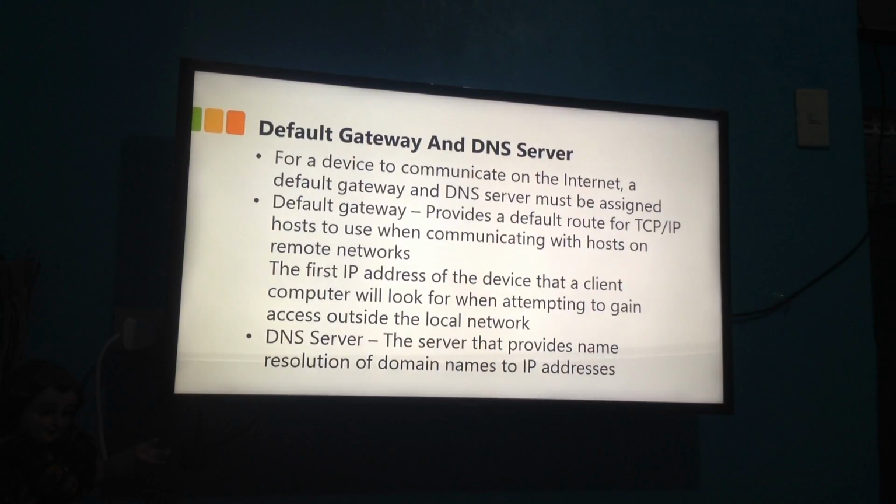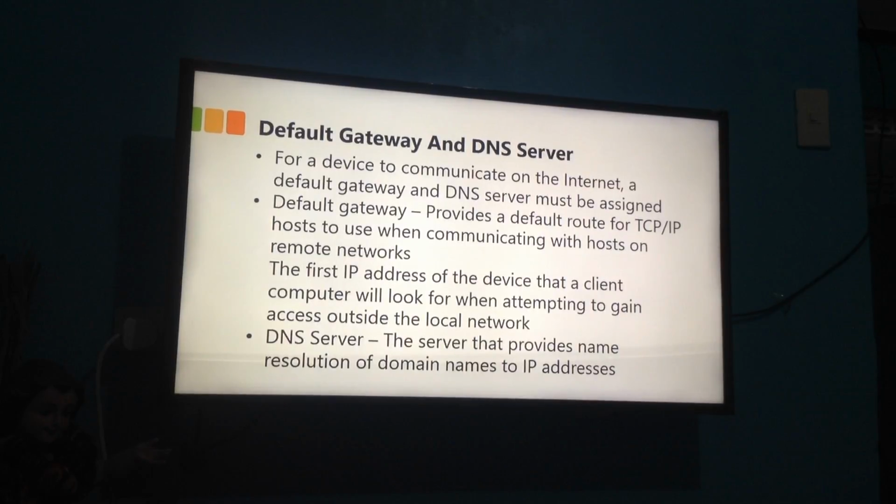Everything within your environment, say you have 5 different rooms in your house and a computer in this room, is all connected together. But if someone needs to connect to the outside world, across the street or to another city or town, you need to use a default gateway. Think of it again as the main gate of your home.